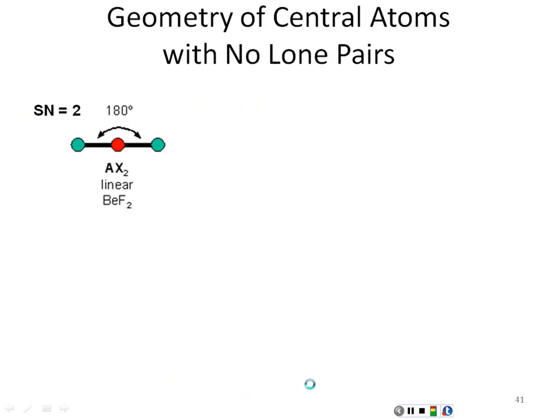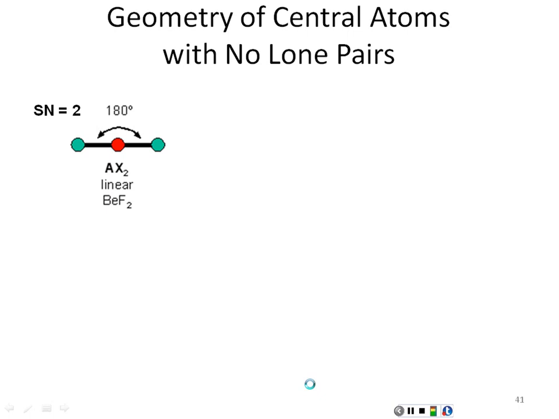So let's look at some of these geometries. And this will have center atoms with no lone pairs. The simplest molecule we can have would have a steric number of 2. There are 2 atoms bound to the center atom, so the steric number is 2.